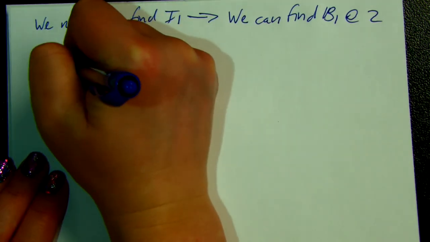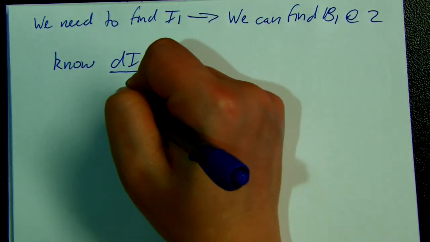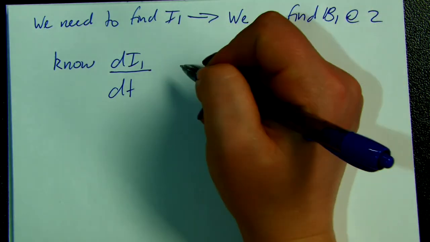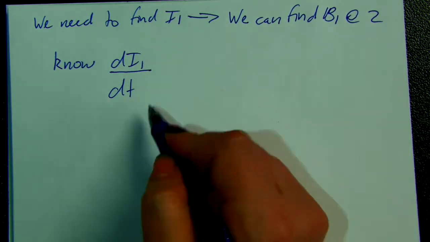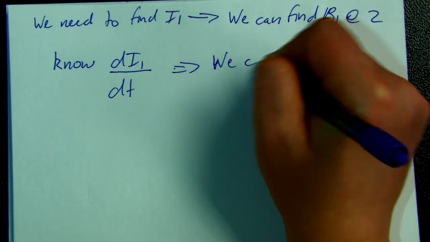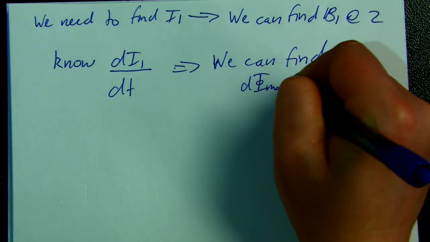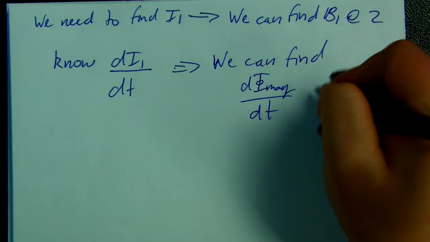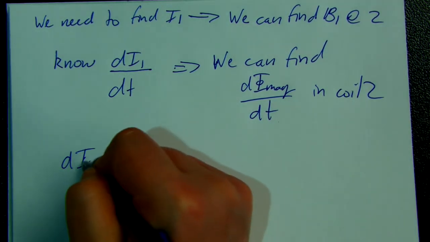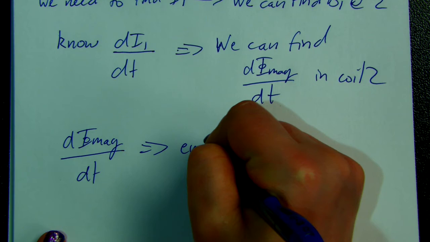So we know that dI1/dt is non-zero, and we know what it is. So using this, we can find the change of magnetic flux with respect to time in coil 2. The change in magnetic flux with respect to time is going to give us EMF.